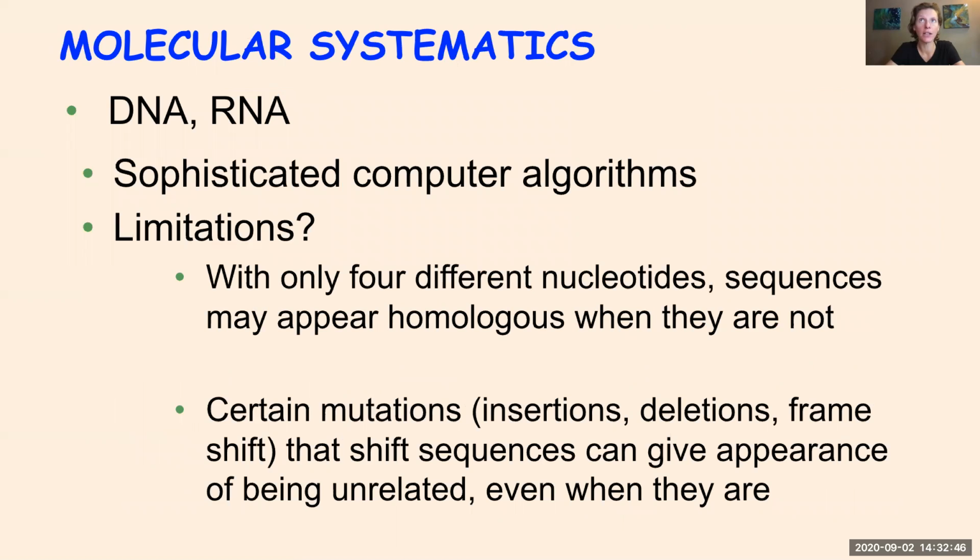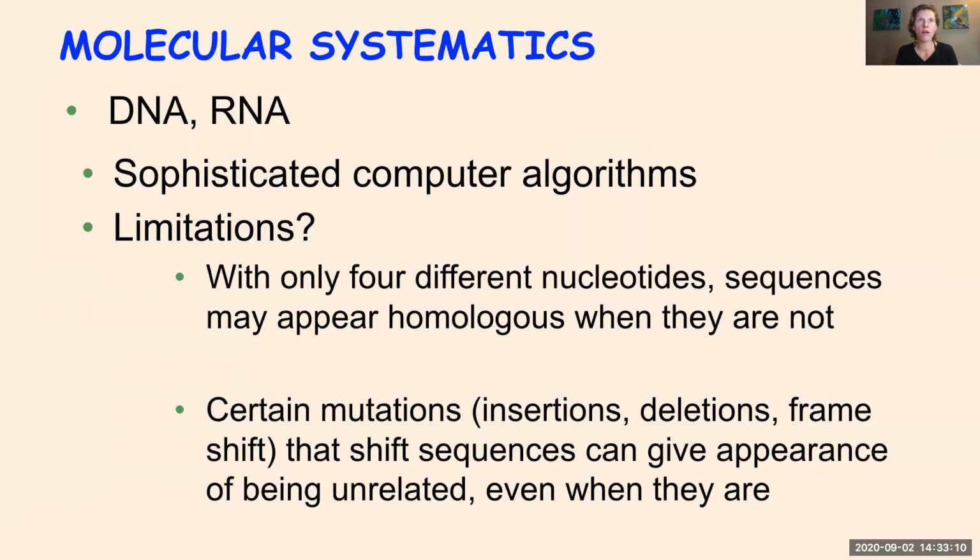All right, so molecular systematics. So now that we have molecular data, it's changed everything. We're getting a much better, more precise, cleaner picture of relationships between organisms. It's evolving. A lot of the trees that we had before have been significantly revised and are still being revised as we get more information.